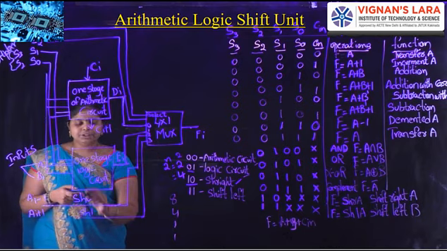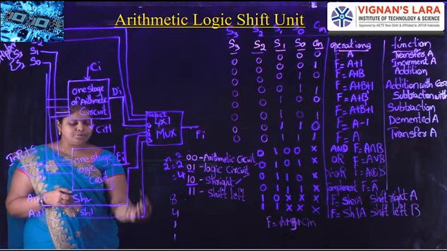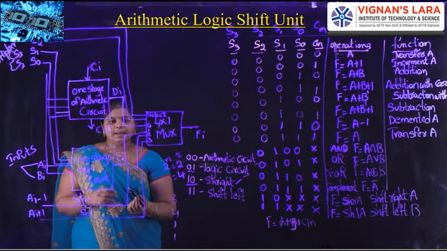That's why we perform 0 0 for the arithmetic circuit, and 0 1 for the logical circuit. Input 0 receives from the arithmetic circuit, 1 receives from the logic circuit, 2 receives from shift right and 3 receives from shift left. That's why we have to perform it using this diagram.